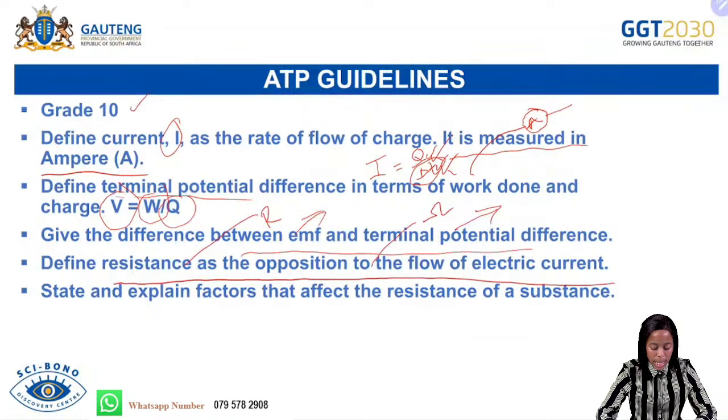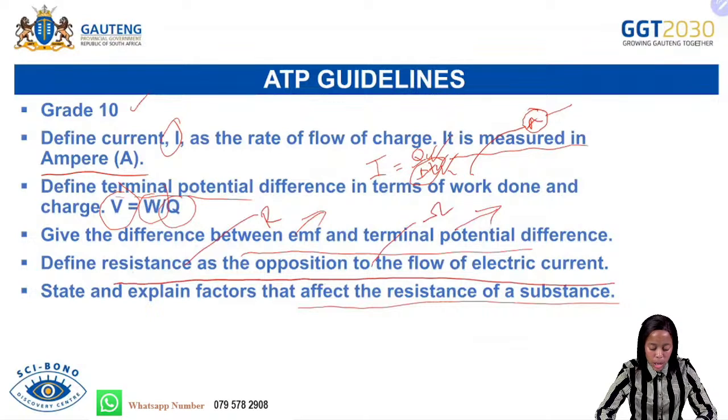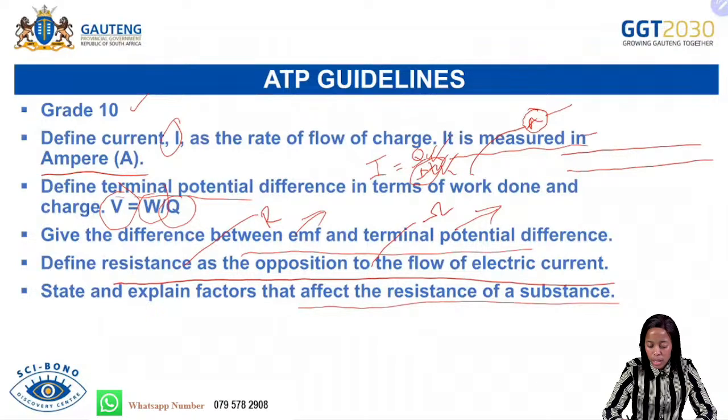And then it says, state and explain the factors that affect the resistance of a substance. Now, one of the factors would be in terms of the wire. If we are comparing a longer wire as compared to a shorter wire, where are we going to have more resistance?